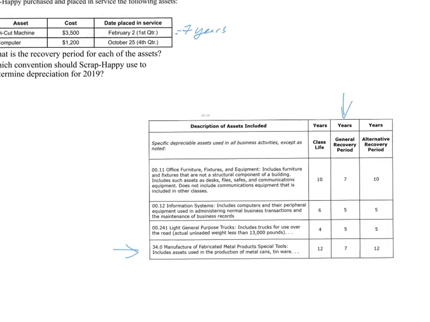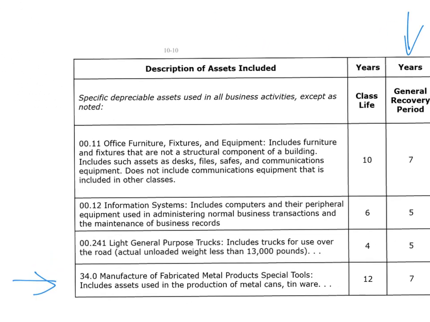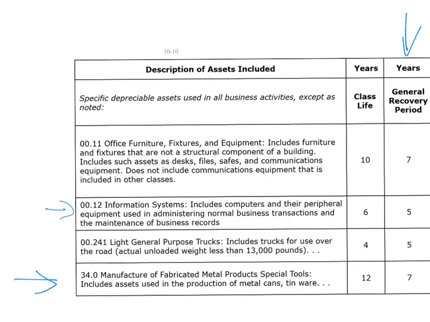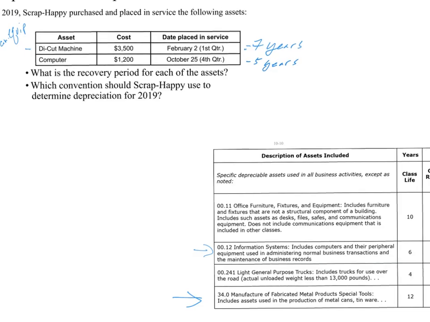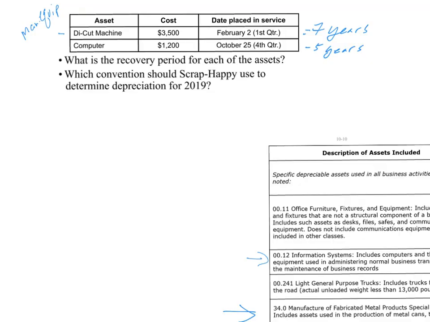And then we come over to that same chart and look for computers. So we see that information systems includes computers and their peripheral. General recovery period is 5 years. So we know that this computer is 5-year property.